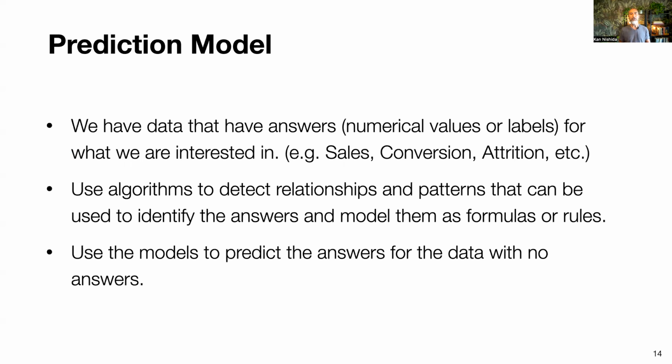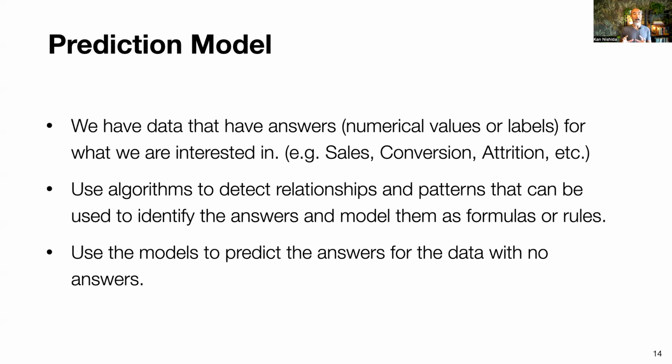So let's say we have data that has answers, for example income or sales or conversion status. We are interested in that particular information. Hey, we have new data coming in. Can we predict those things even though that data itself doesn't have the answers?